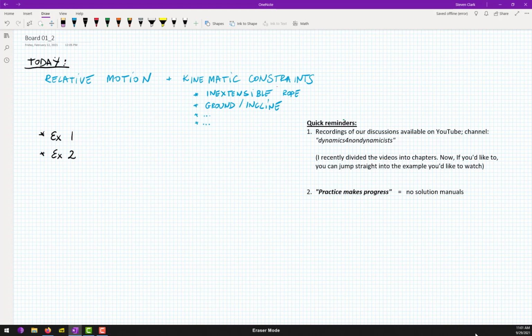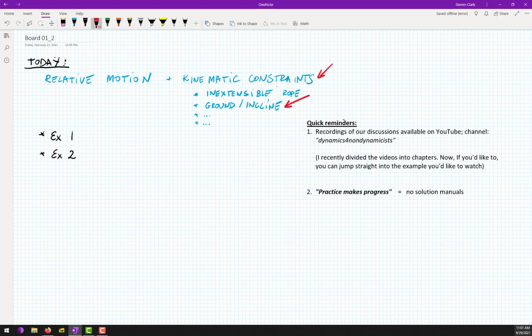So basically, kinematic constraints are things in the system that we just replace with forces. We remove the kinematic constraint and we replace it with a force acting on the body. You know that. For example, if we have a ground or incline, we replace it with the so-called normal force.